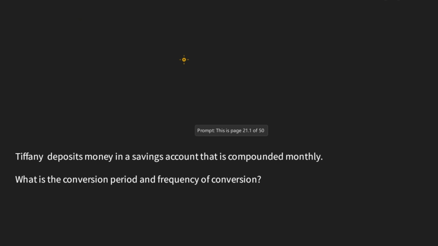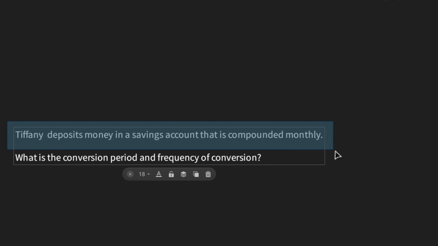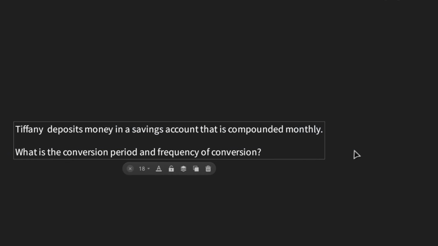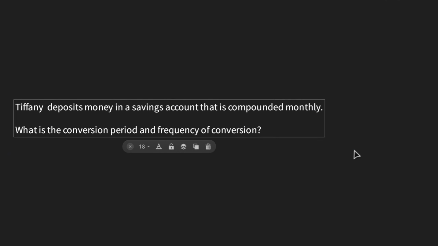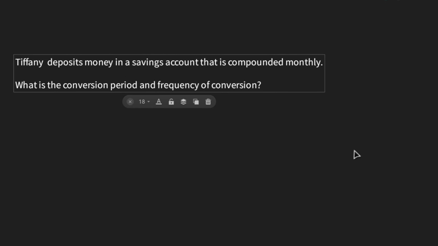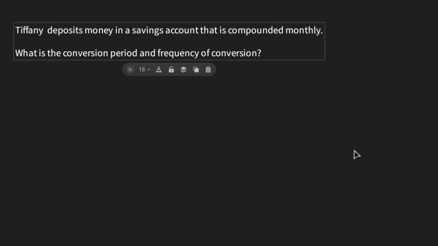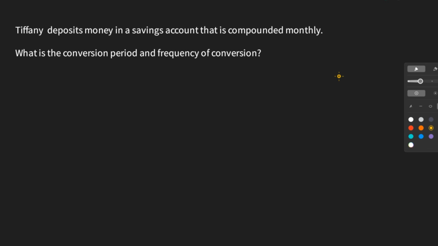Let's try this example, to see if you fully understand the conversion period and the frequency of conversion. Tiffany deposits money in a savings account that is compounded monthly. The word here is monthly. What is the conversion period and frequency of conversion?